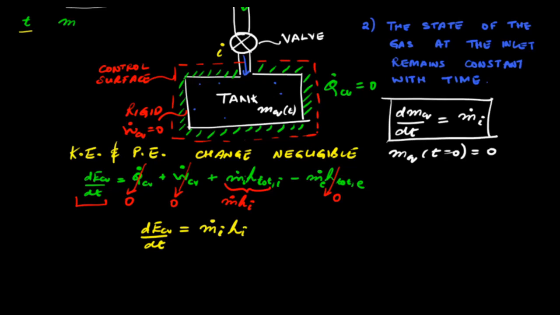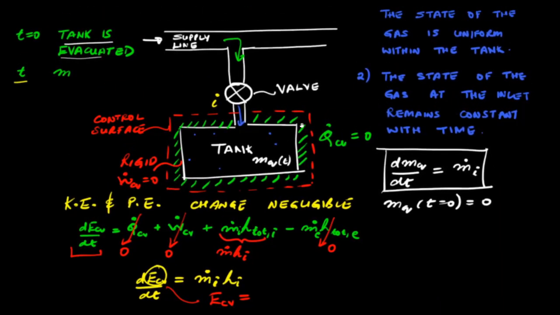Now, this term E_CV is the total energy, and we are looking at the contribution of only the internal energy, and we are ignoring kinetic energy and potential energy. And another assumption that we have made in our analysis is that the state of the gas is uniform within the tank at all times.